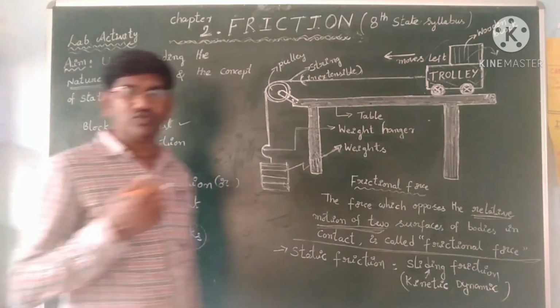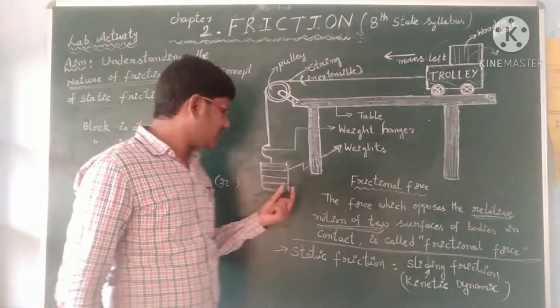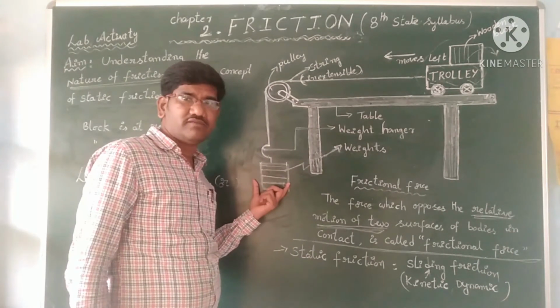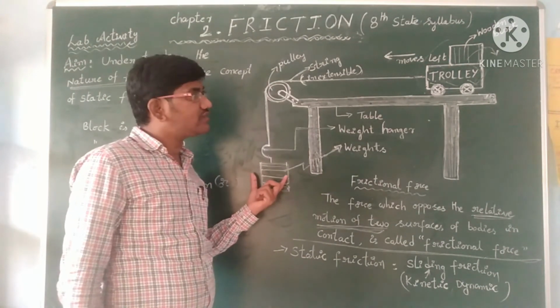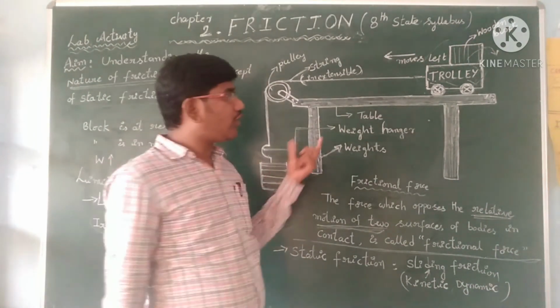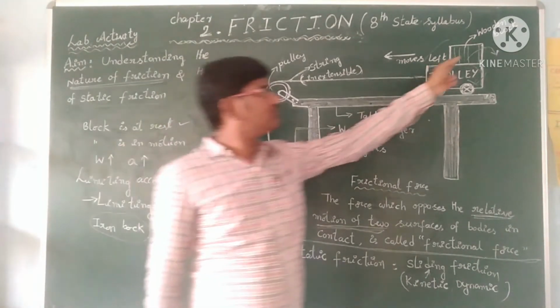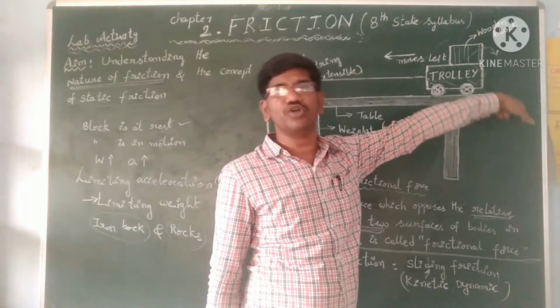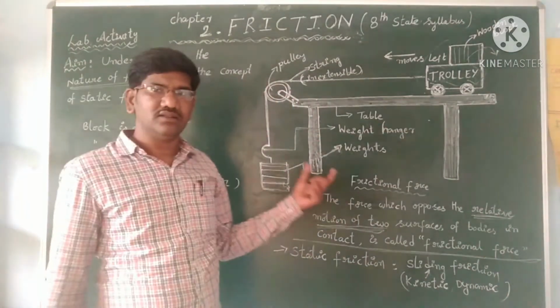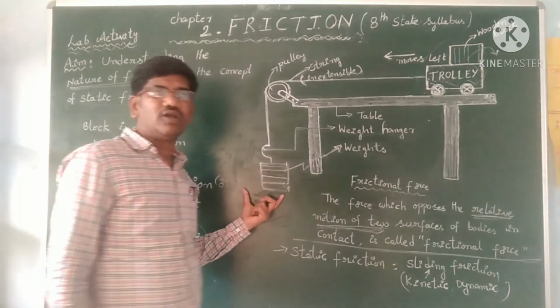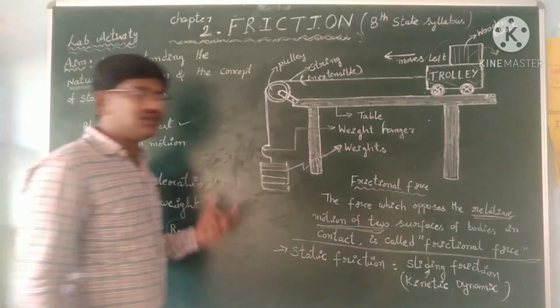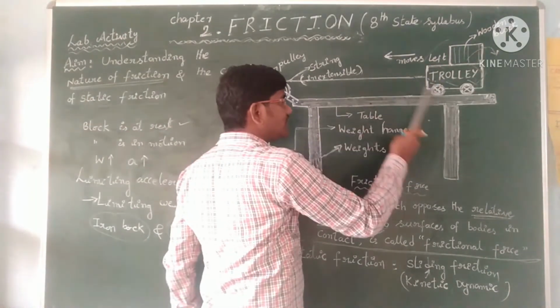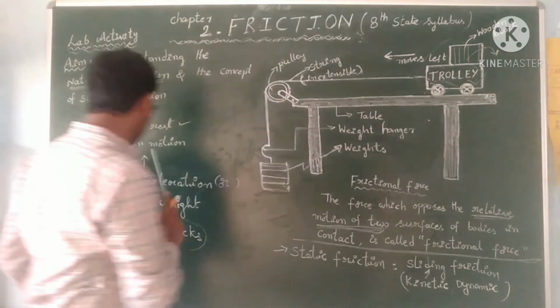I think children, you know what the limiting weight is. We will keep on adding weights in the weight hanger, and we will notice at what weight the object tries to come into motion in the reverse direction. That weight we will call the limiting weight, and the acceleration in that situation for this system is called the limiting acceleration.